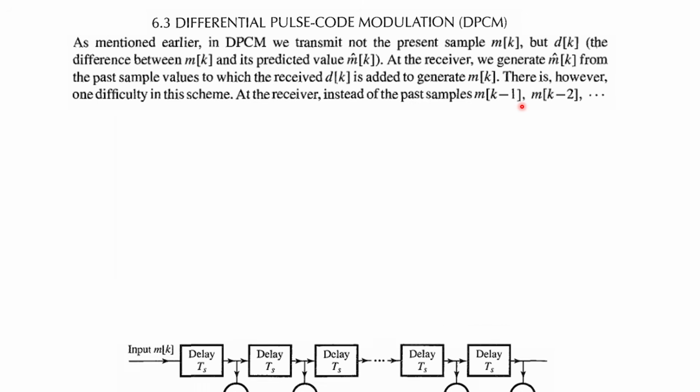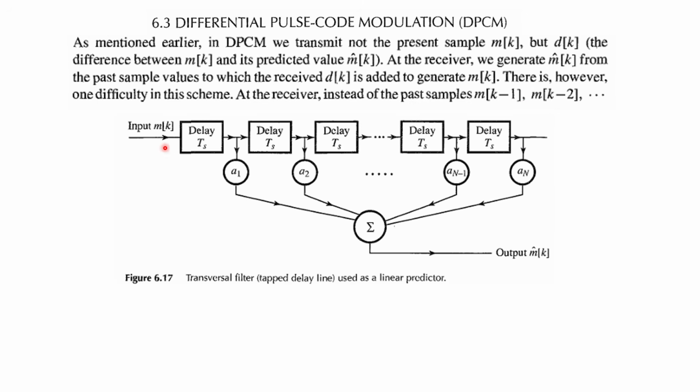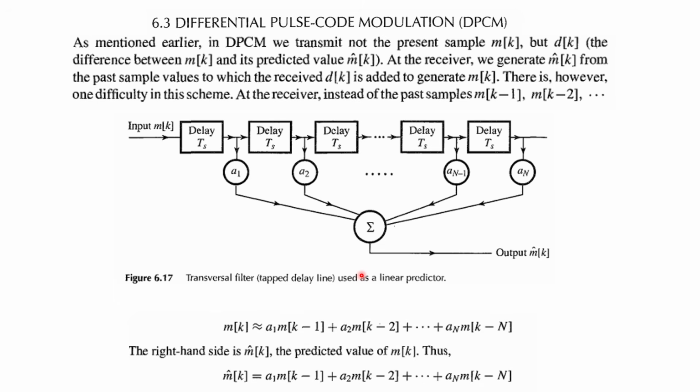This is however a difficult scheme. So here the input is there, then a delay, and you can send a1, and again a delay, and you can send a2, and keep on delaying and sending the information, right? So m k is a1 m of k minus 1 plus a2 m of k minus 2. So keep on delaying, and then you will get the m of k.